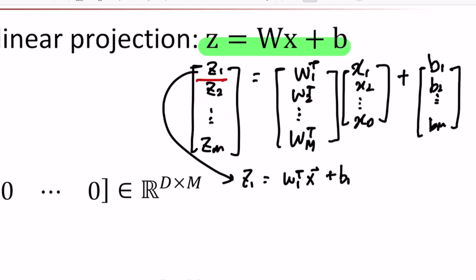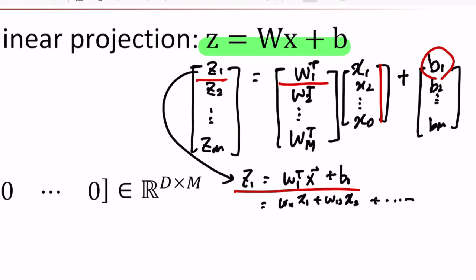Z1 should be this row vector times this column vector plus B1. It can be written again like W11 X1, W12 X2, and so on, plus B1.